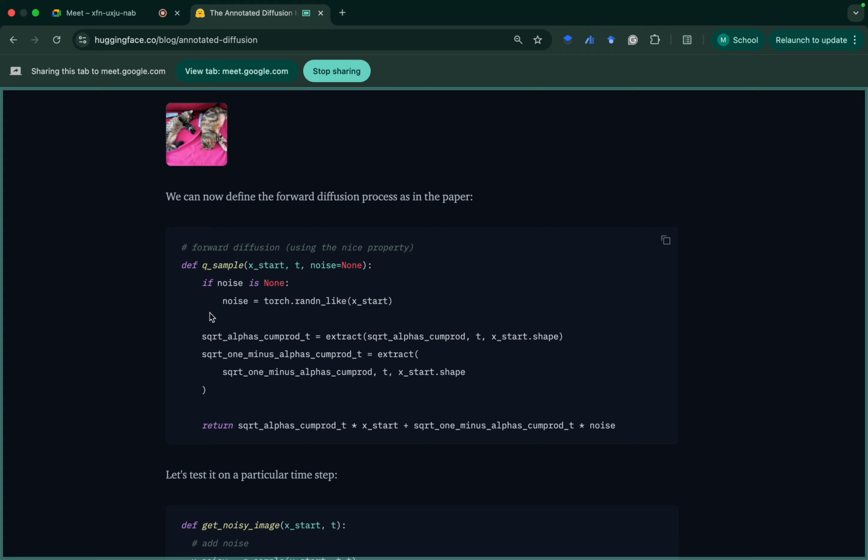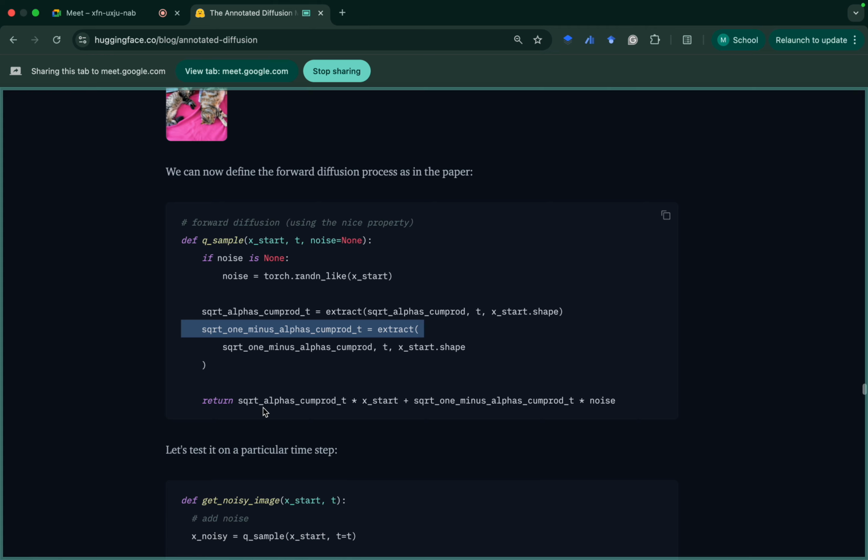And the square root of 1 minus alpha t bar. So they've literally written what we read. Why do we need these? The square root of alpha t bar is for the mean component, and the square root of 1 minus alpha t bar is the variance component. So this is the mean and variance.